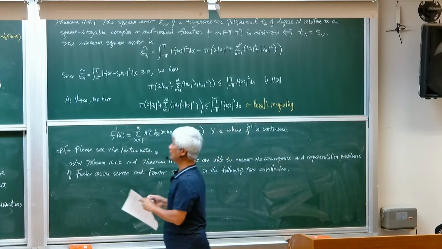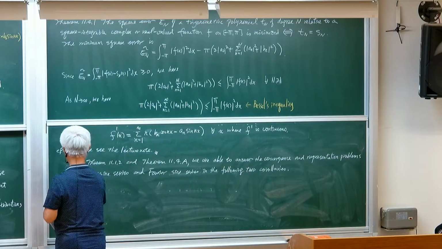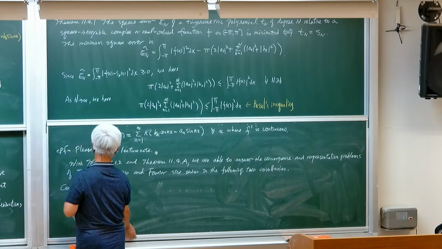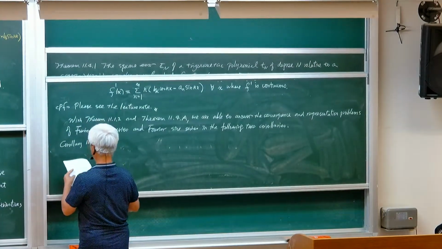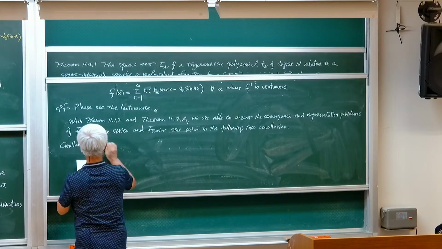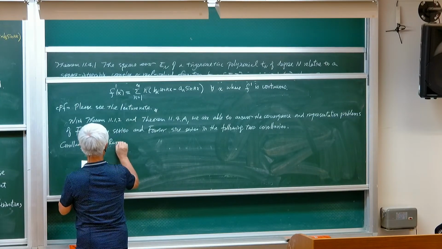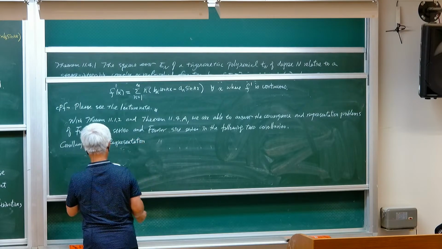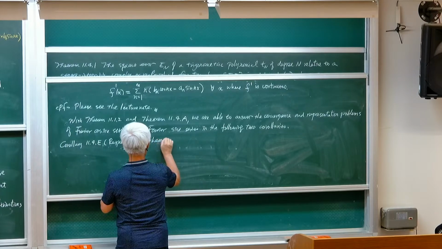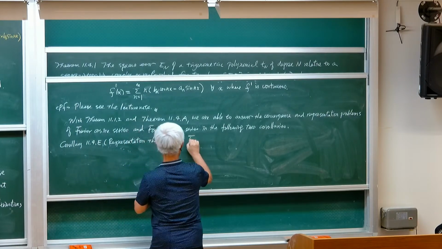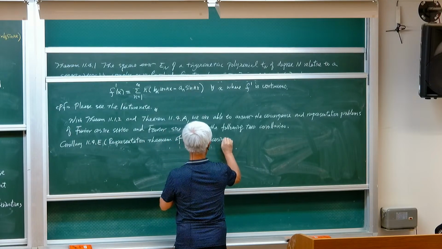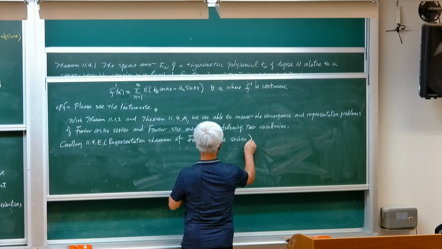Okay, so now we state the corollary. This is the representation theorem of Fourier cosine series.